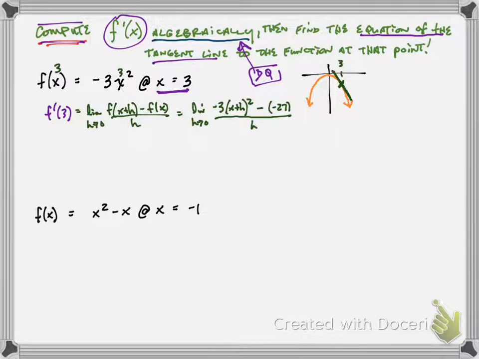Now we've spent a great deal of time discussing a shortcut for squaring that binomial. So recall that if I'm squaring that binomial, then I've got the limit as h goes to 0 of negative 3 times the quantity x squared plus 2xh plus h squared, and then plus 27, divided by h.